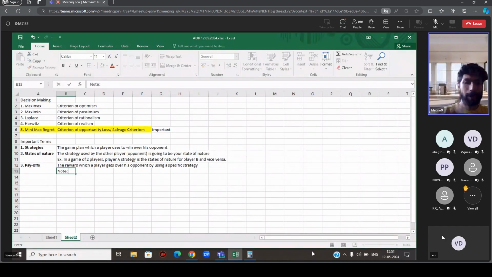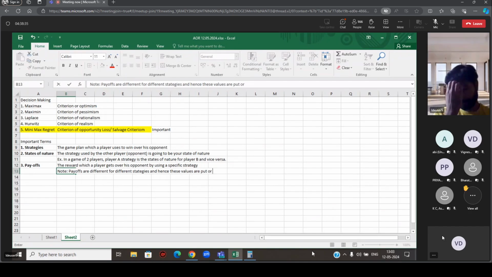What is the note? Payoffs are different for different strategies, and hence these values are put or showcased in a payoff matrix.